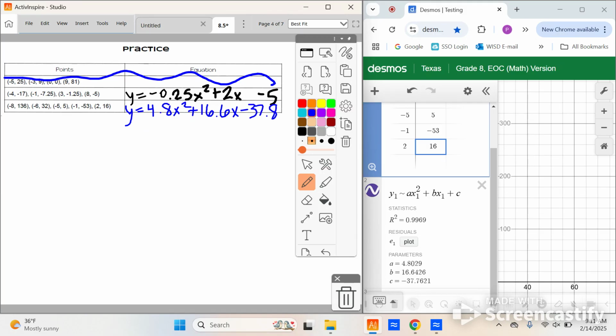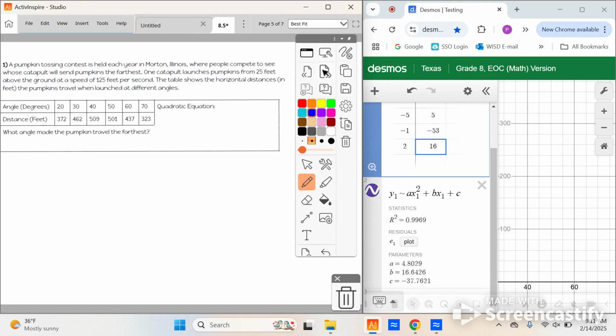All right. Now, a pumpkin tossing contest is held each year in Morton, Illinois, where people compete to see whose catapult will send pumpkins the furthest. One catapult launches pumpkins from 25 feet above the ground at a speed of 125 feet per second. The table shows the horizontal distances in feet the pumpkins will travel when launched at different angles.